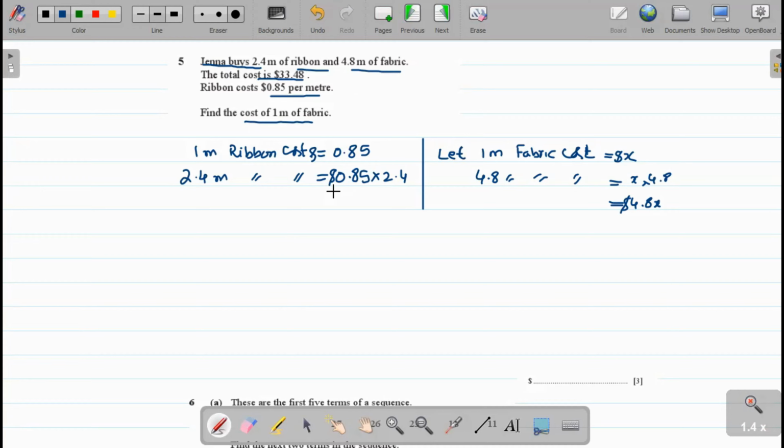This total cost will be equal to 0.85 into 2.4 plus 4.8 into x. That is the expression of total cost.